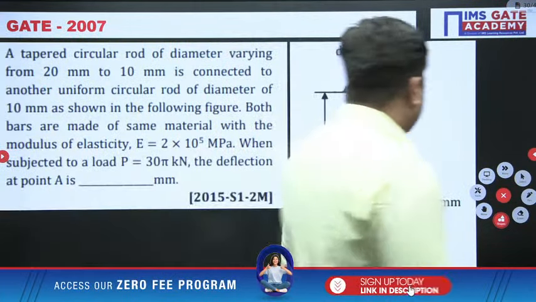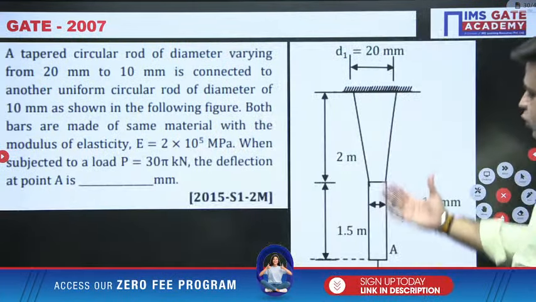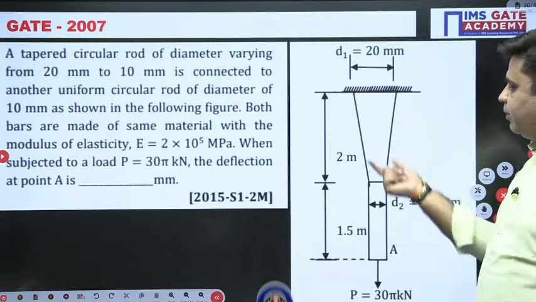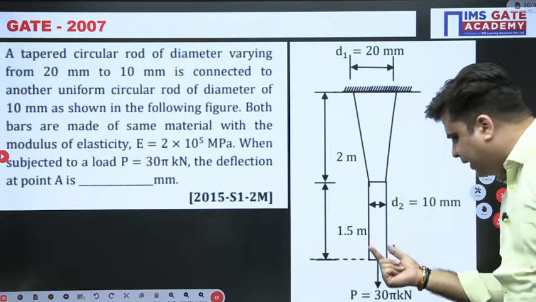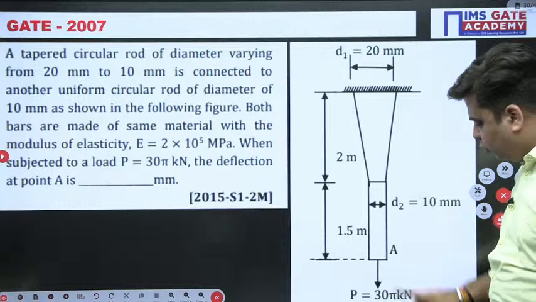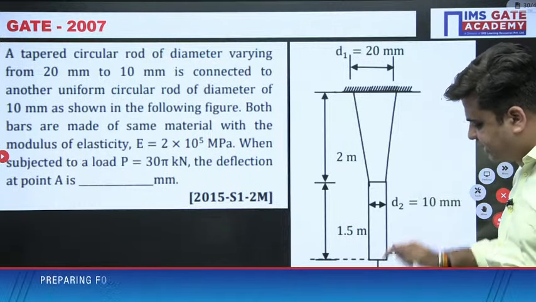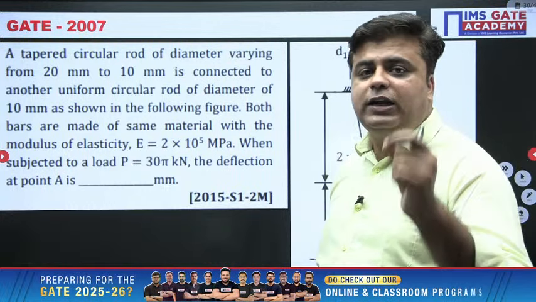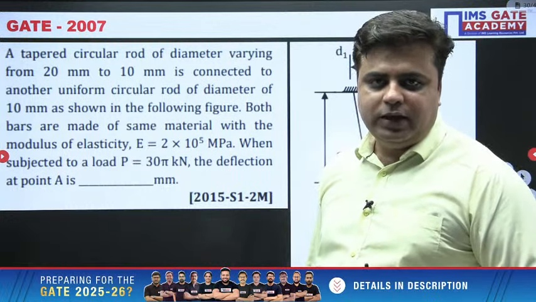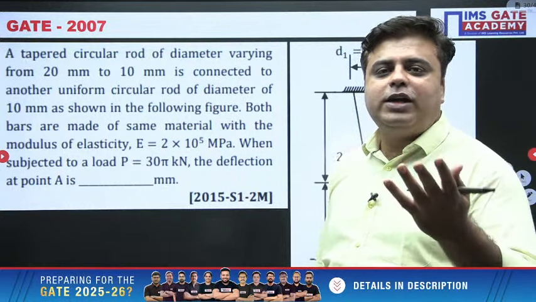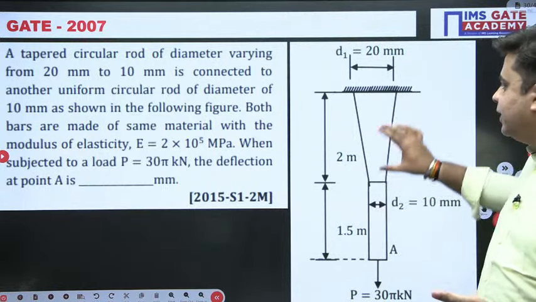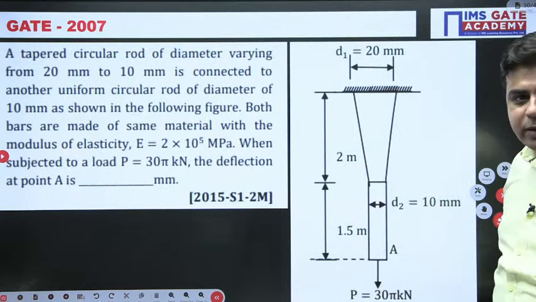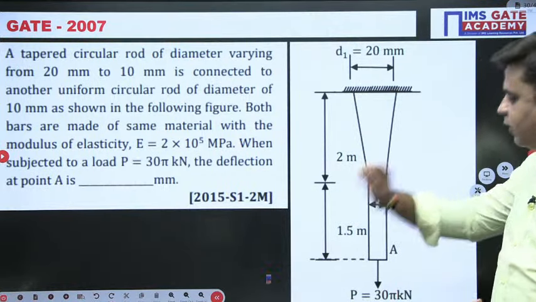Please try this. An arrangement is shown to you, right? You have a tapered bar connected here and you have a prismatic bar which is present here. And a total load of 30 pi kilonewton is acting here. And what they are asking is the total deformation of the assembly? The total deformation of the assembly is simply the sum of deformation of this tapered bar and the deformation of this circular bar.